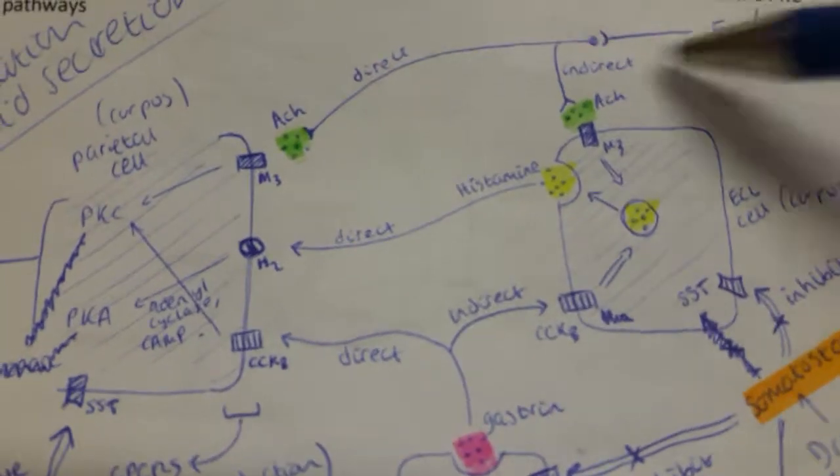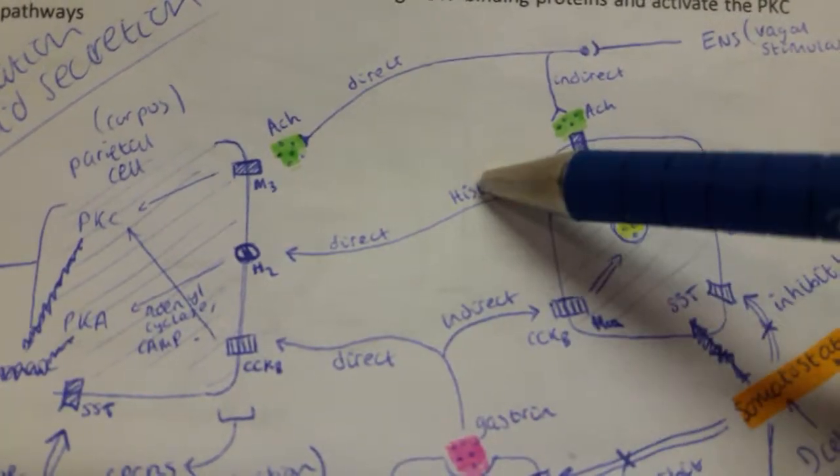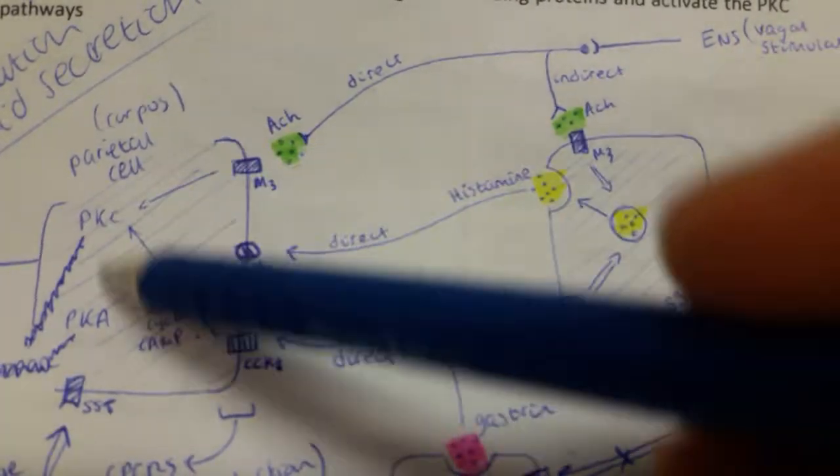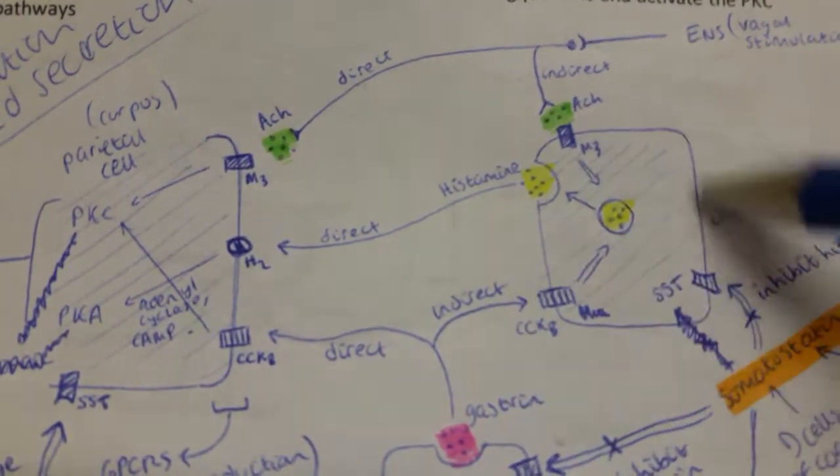However, acetylcholine and gastrin are different to histamine in that not only do they cause a direct effect on the parietal cells, but they also have an indirect effect by acting on the ECL cells.